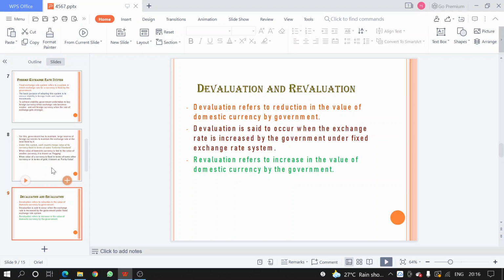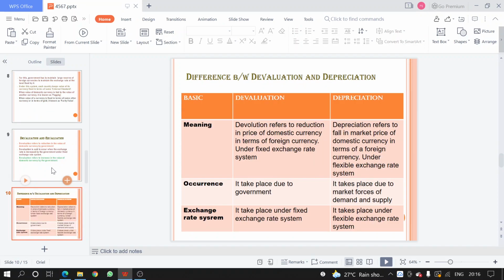A revaluation refers to an increase in the value of domestic currency by the government, whereas appreciation is by the market forces. Now, we can look at the difference between revaluation and appreciation, and the difference between devaluation and depreciation.